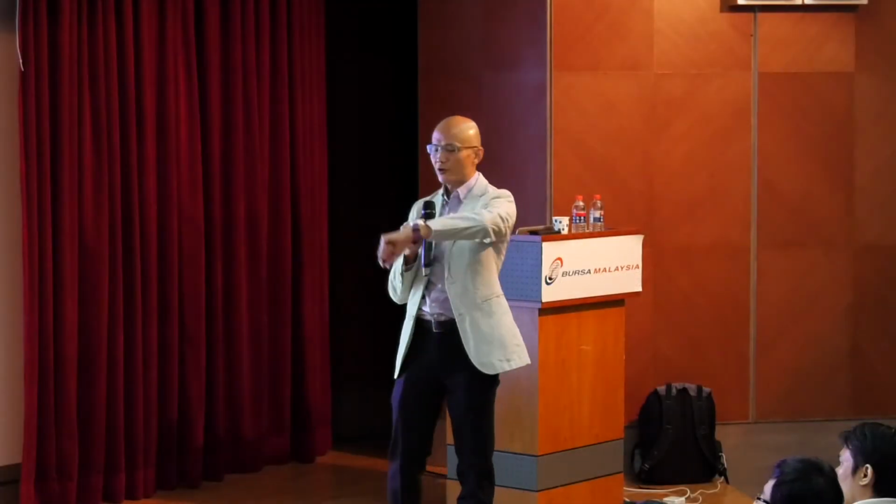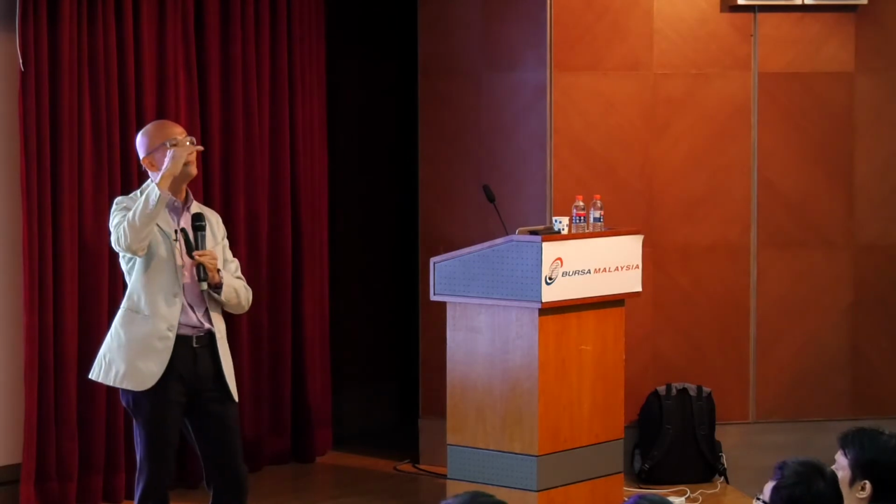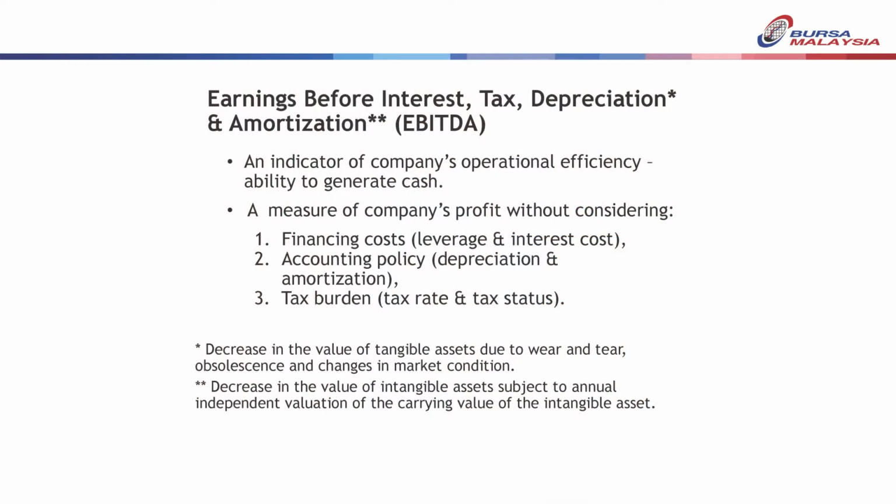Next, I'll move on to this ratio called the enterprise ratio, EV over EBITDA. PE ratio measures your value, but the enterprise ratio measures the whole company's value, which is why it's a measure of a company's profit without considering leverage and interest costs.